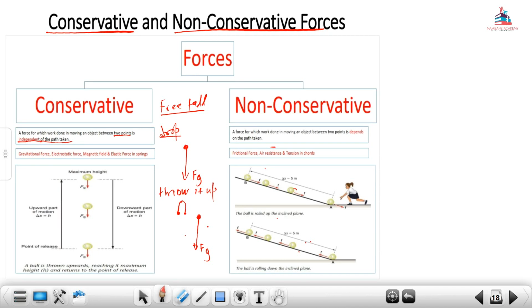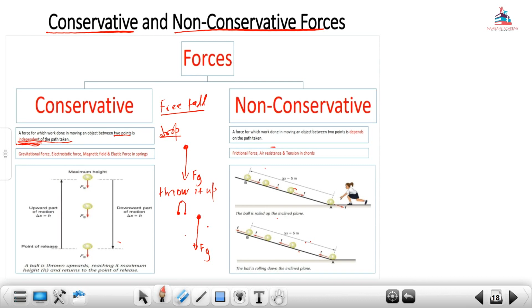Hence, regardless of the direction it takes, it is independent of the path. Whether it is going down or going up, it remains in the same direction. So the definition says it's a force of which the work done on a moving object between 2 points is independent of the path taken.